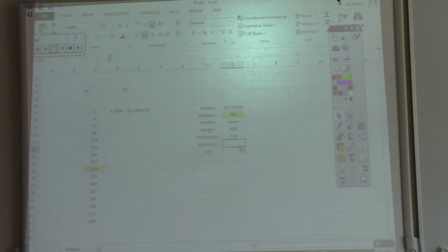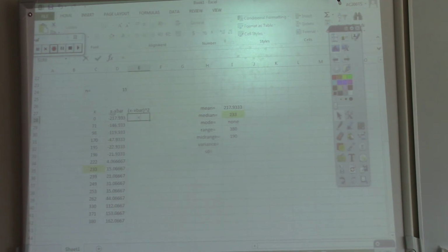Now the variance and the standard deviation, you have to calculate. The first thing we need is x minus what? X bar. That's right, class. X minus X bar, and I hit F4 to lock that. And copy down. And then what am I going to do to X minus X bar?